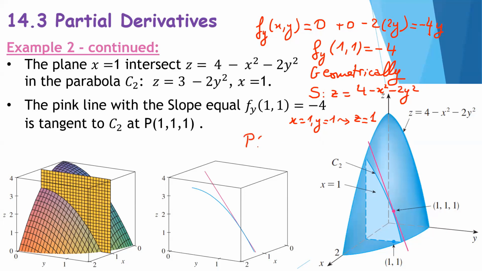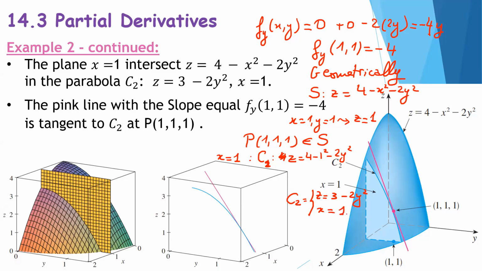So the point P(1, 1, 1) is on the surface. When x equals 1 fixed, we obtain the curve C2 with equation z equals 4 minus 1 squared minus 2y squared, which means z equals 3 minus 2y squared, x fixed equals 1.